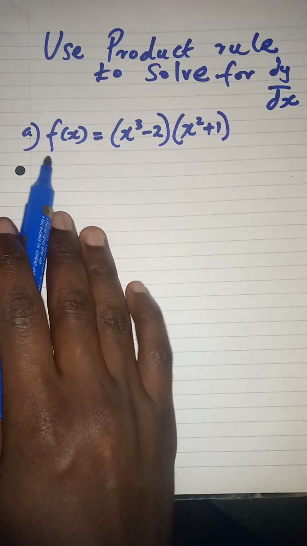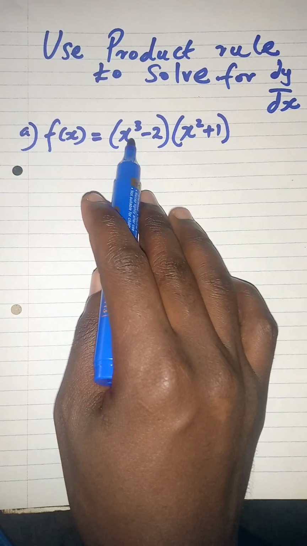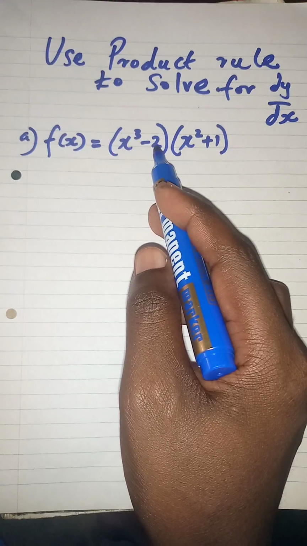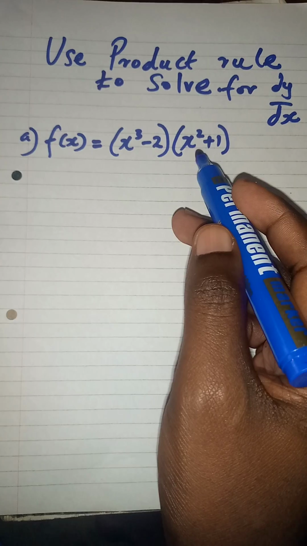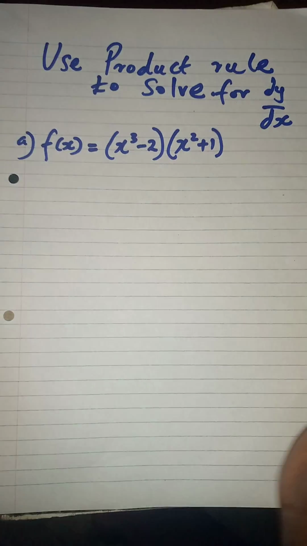So our first equation is, if you have a function of x cubed minus 2 and x squared plus 1.